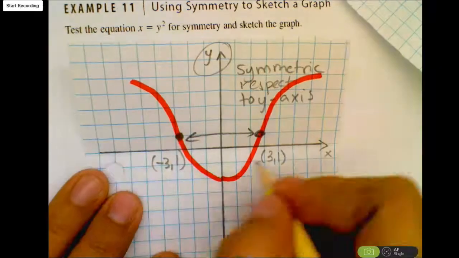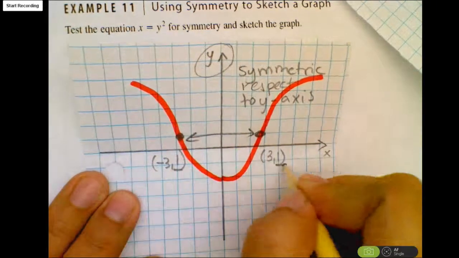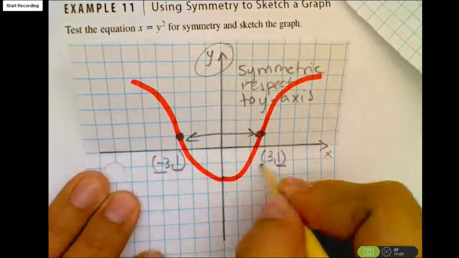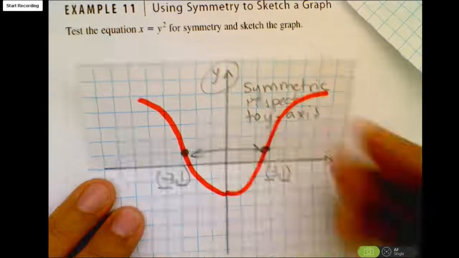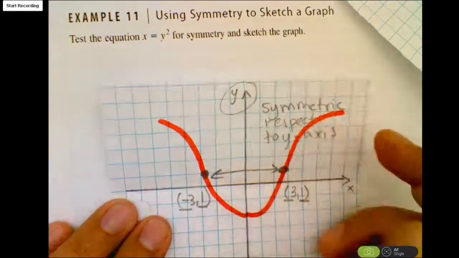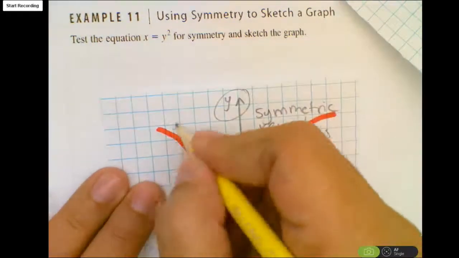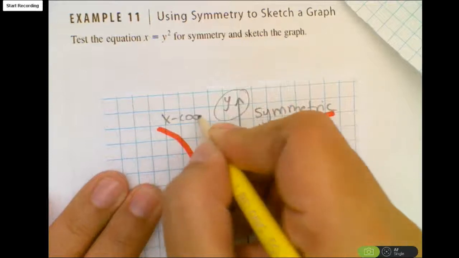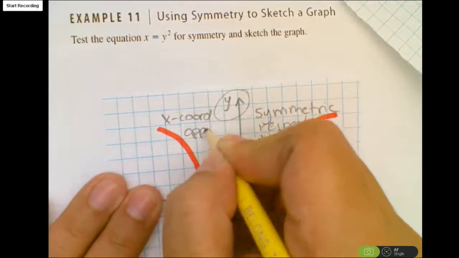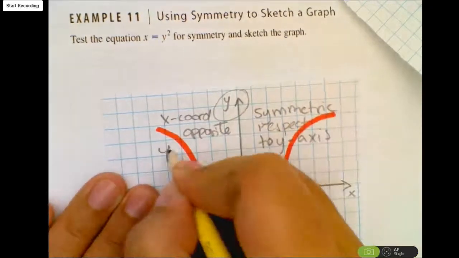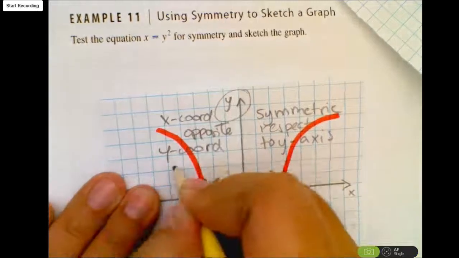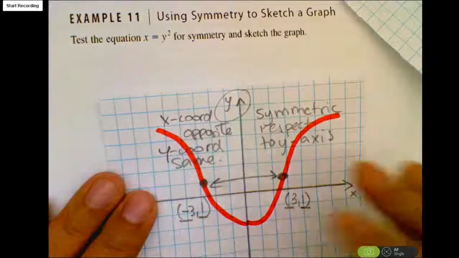What you can compare here is that the y coordinates are the same, however the x coordinates are opposites. So for anything that is symmetric with respect to the y-axis, the x coordinates are the ones that are opposite and the y coordinates are the same. And this is a nice conclusion that we're going to use later on.